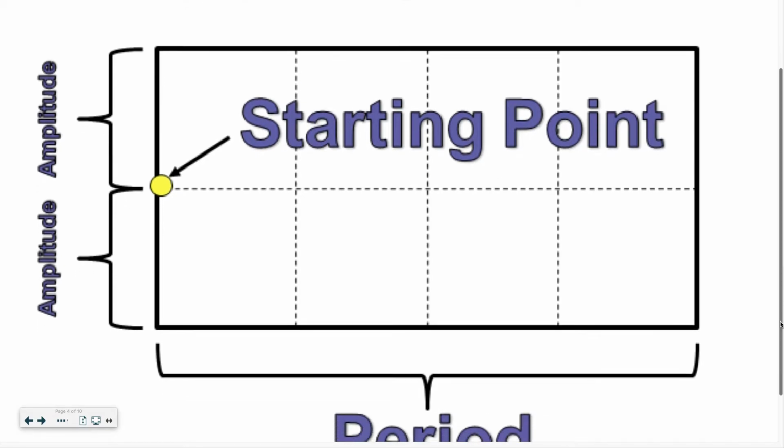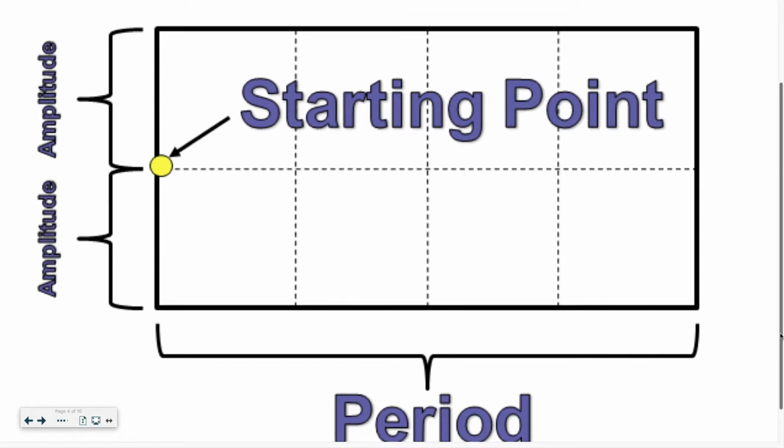So what's going to happen is we have our starting point. This is not necessarily where our graph starts, it's where our frame starts. So we start drawing our frame at the starting point. We're going to go up and down the amplitude. Remember, the amplitude is half the vertical height, so we're going to have to use it to go up and down.